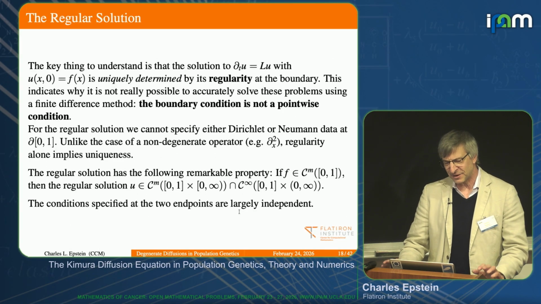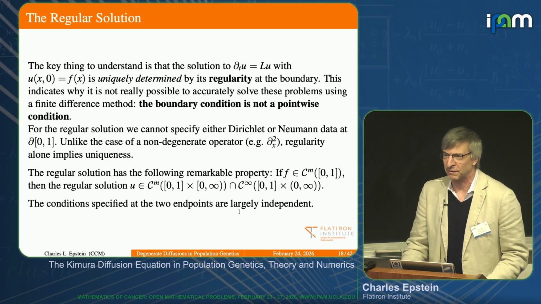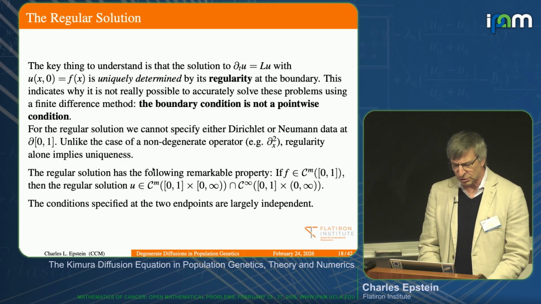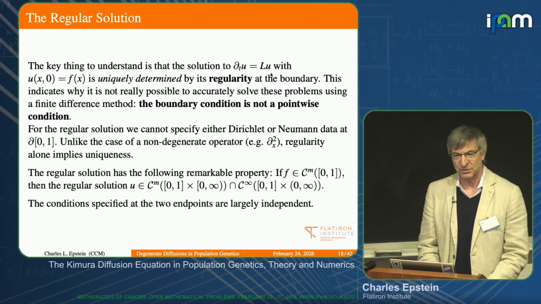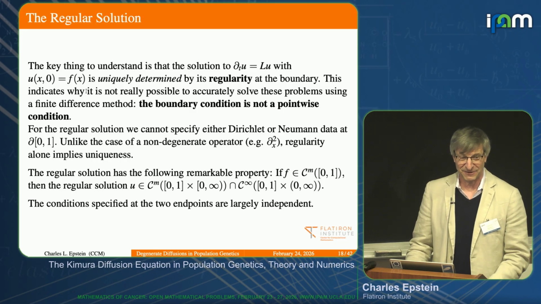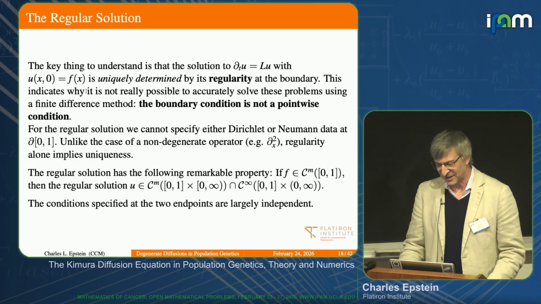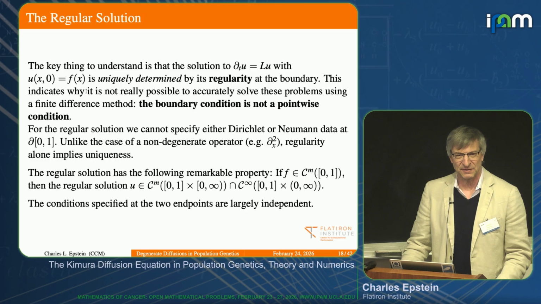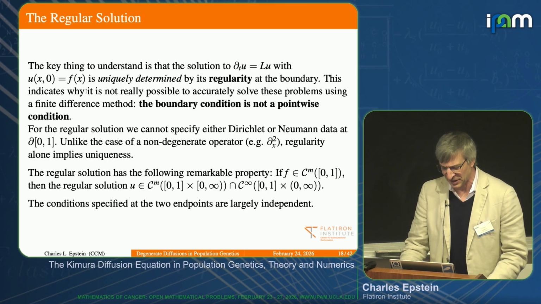The key thing to understand about the regular solution, and this is what makes it very different from ordinary non-degenerate PDEs, is that the solution to the equation is uniquely determined by its regularity at the boundary, given the initial data. You cannot specify its values at the boundary. You cannot specify its normal derivatives at the boundary. It's the regularity at the boundary that makes the solution unique.